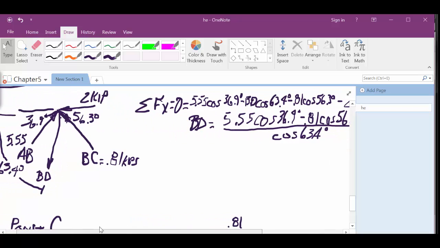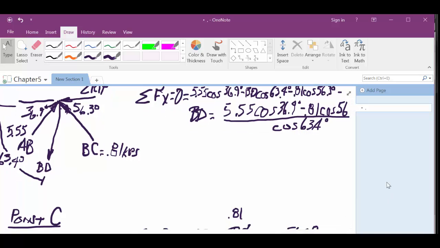Now here's what you're really going to like. If you practice these enough at home and you get good at it, you can go down there and say, okay, sum the forces in y, because you'll have plenty of time to do this if you practice it. And so this now becomes 4.44.